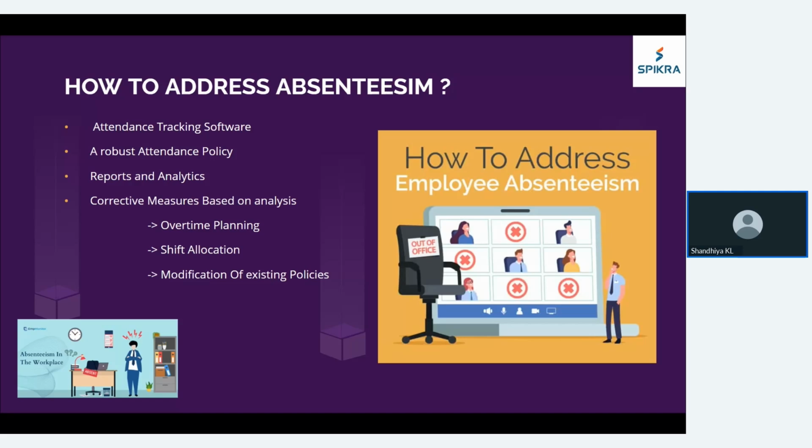So we can overcome the defects of absenteeism like workload balancing. We can manage by planning overtime. So Zoho People plays one of the major roles in keeping absenteeism records properly.